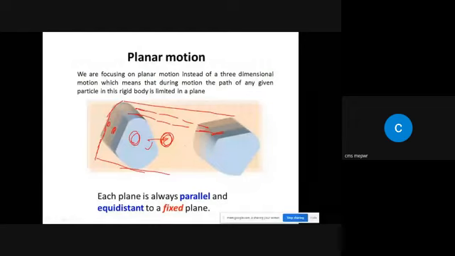So in this class, we are trying to focus on planar motion, not on three-dimensional motion. This means that the motion in this case will be limited to a plane or within a plane.